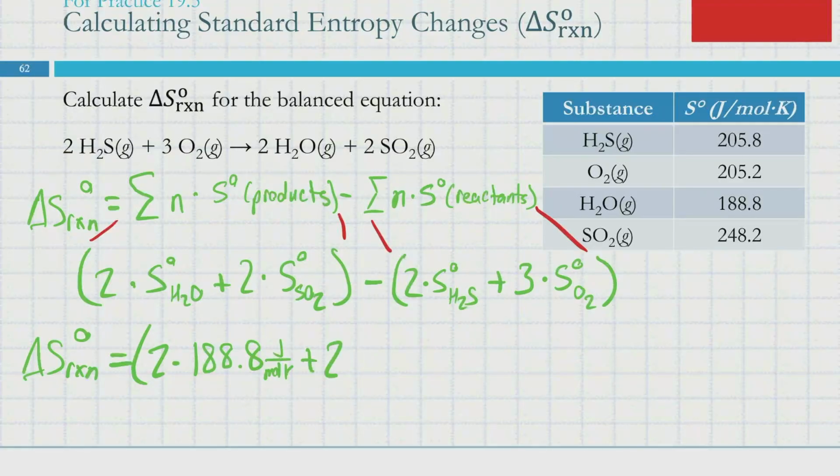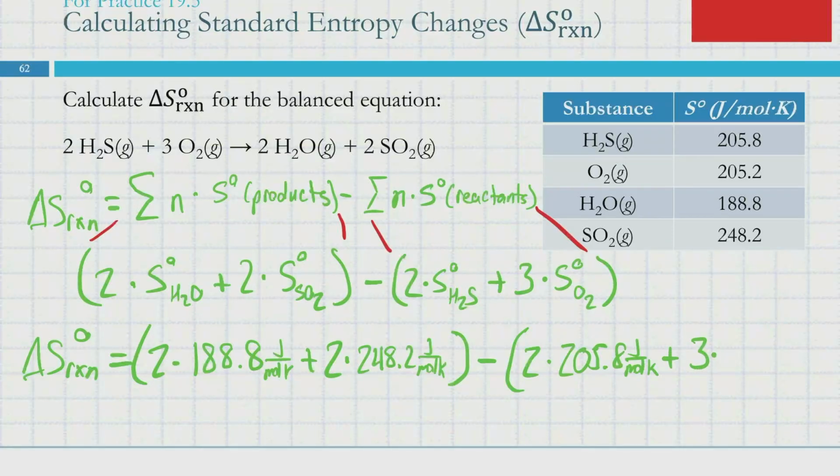Plus 2 times the standard entropy for SO2, which is 248.2 joules per mole Kelvin, minus 2 times the standard entropy of H2S, 205.8 J per mole Kelvin, plus 3 times the standard entropy for O2, that's 205.2. You wouldn't have to write it out quite as extensively as this. It's just so that it's hopefully helpful if you look back at the slides.